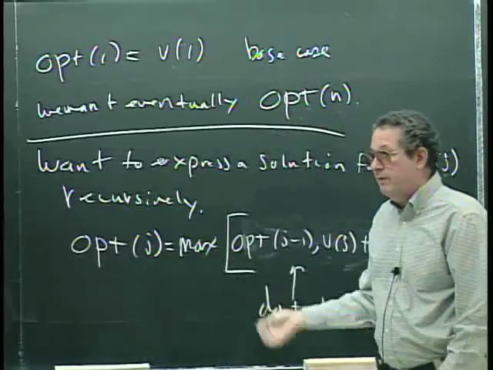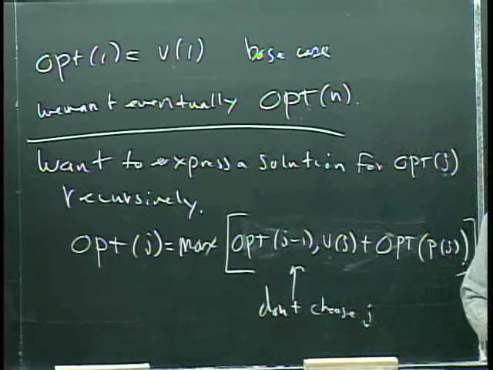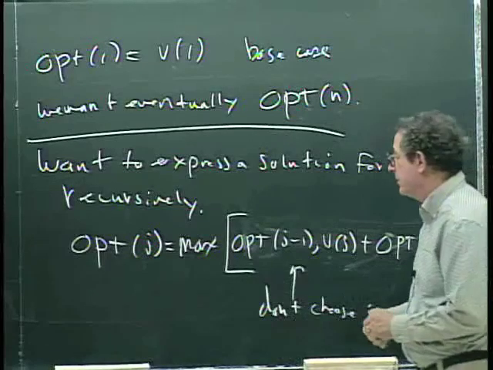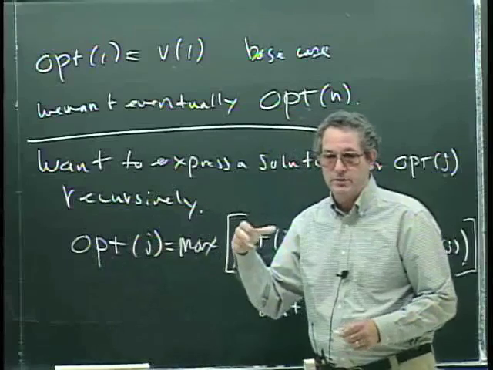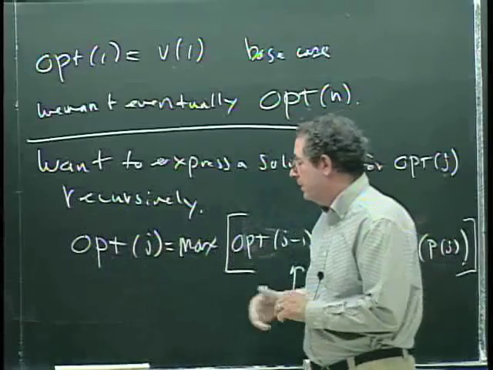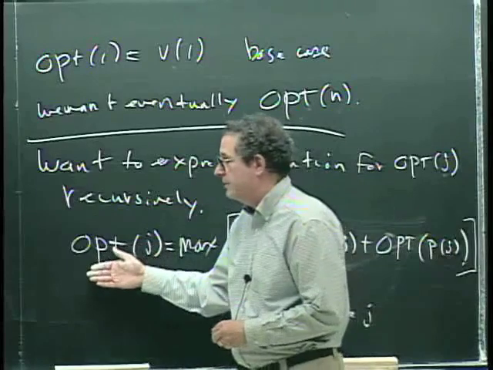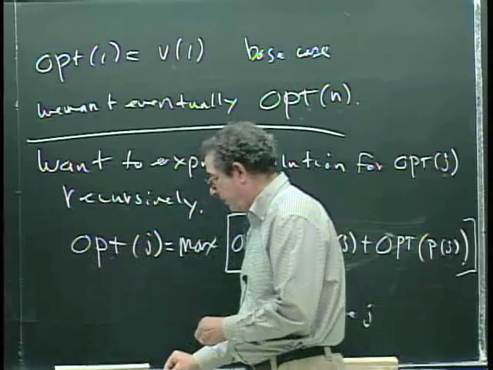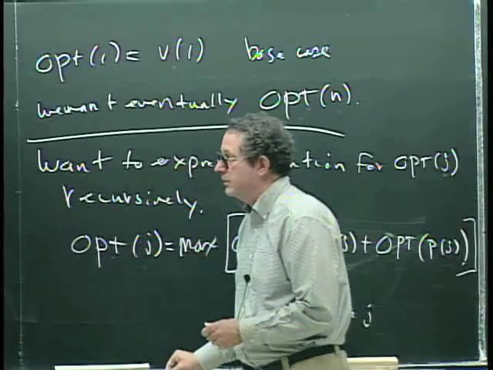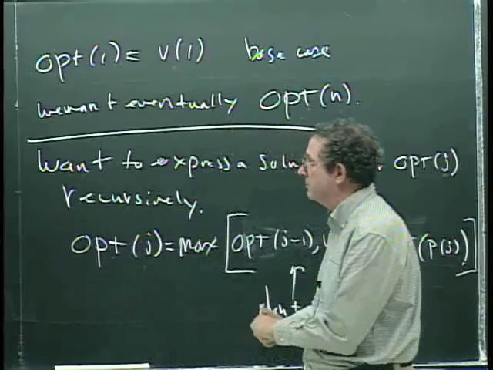So we really have all the components for a recursive solution to this problem, at least a recursive solution to computing the value. Now, eventually we want to know what the actual intervals are. But right now we're focusing on the problem of computing the optimal value, and then later we'll talk about how we actually get the intervals that are associated with that solution that gives you the optimal value.